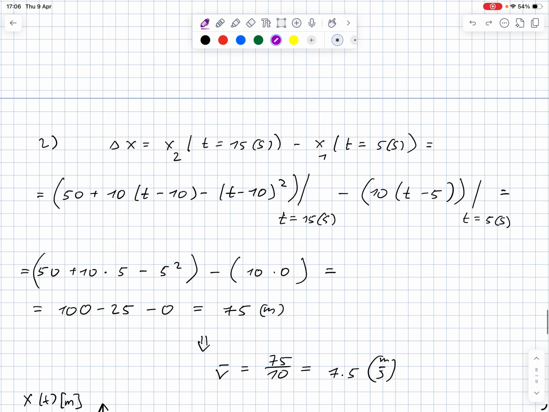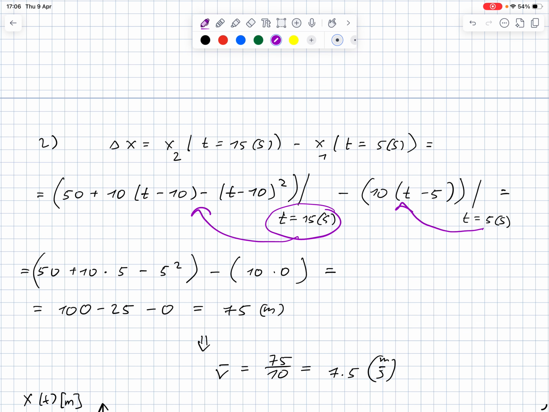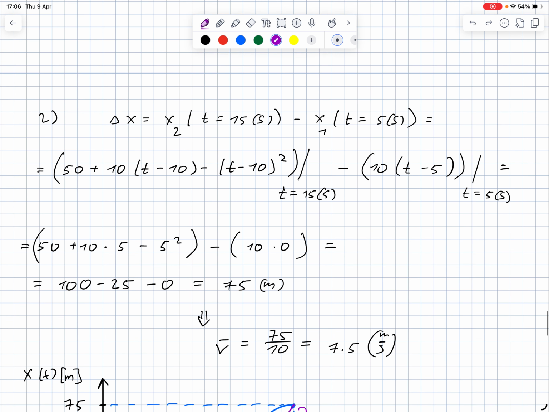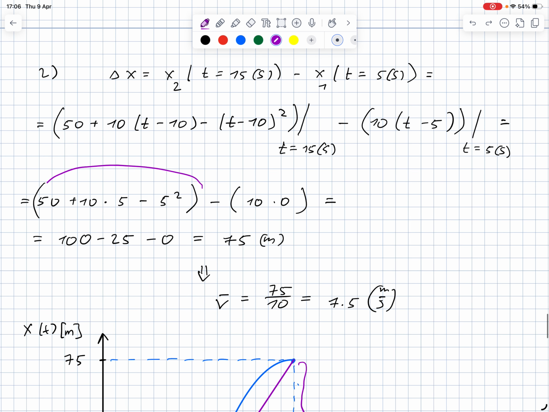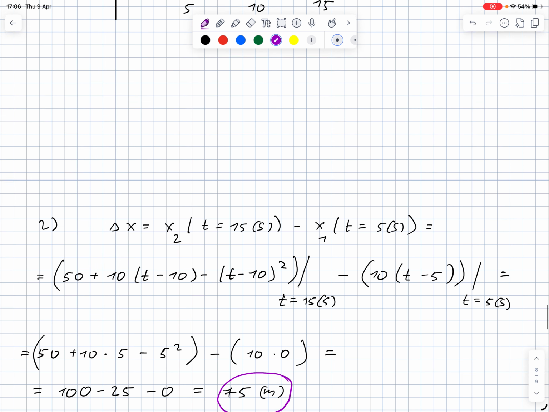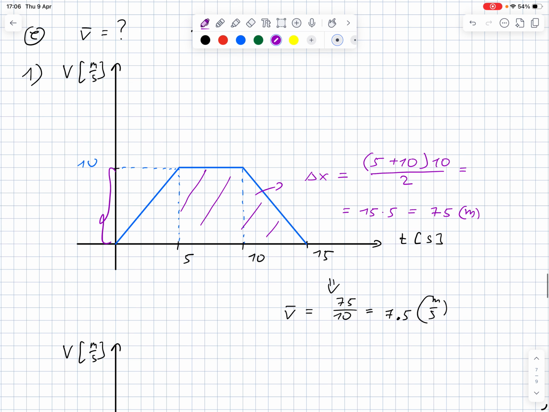When we substitute t equals 15 seconds here and t equals 5 seconds here, we will get that the final position is 100 minus 25, minus the initial position, which is 0. So displacement delta x equals 75, which is the same value that we saw in the first way.